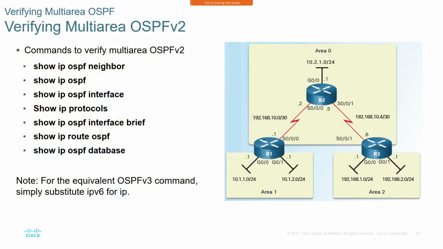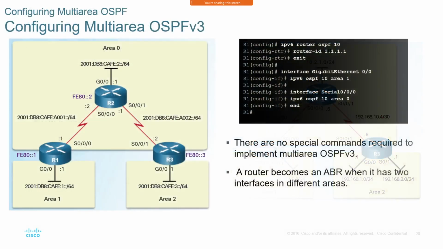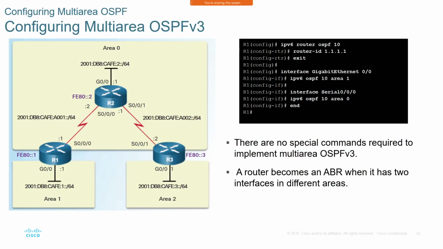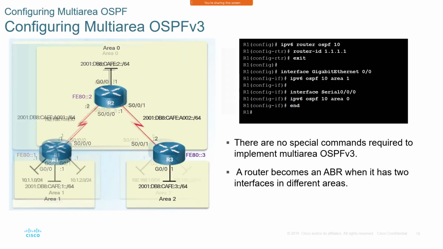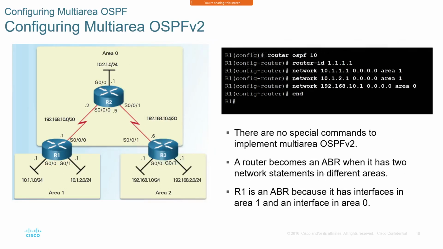Robert, yes? If you can skip back 2 slides, just to the IPv4. Another one back. When you advertise the networks in the commands, they use the method of writing the IP address 10.1.1.1 and then the wildcard mask 0.0.0.0.